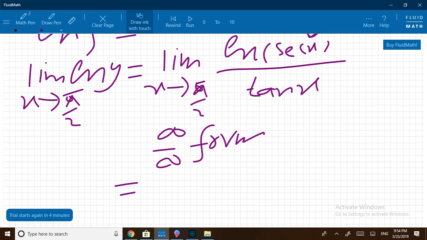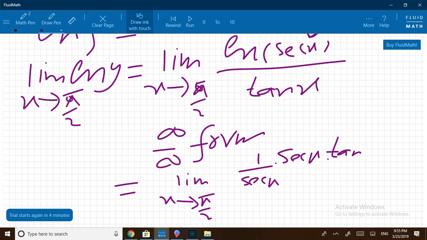It is the limit x approaches pi by 2, and 1 over secant x, and the derivative of secant x is secant x into tan x, divided by the derivative of tan x, which is secant square x. Secant x is cancelled out with secant x.